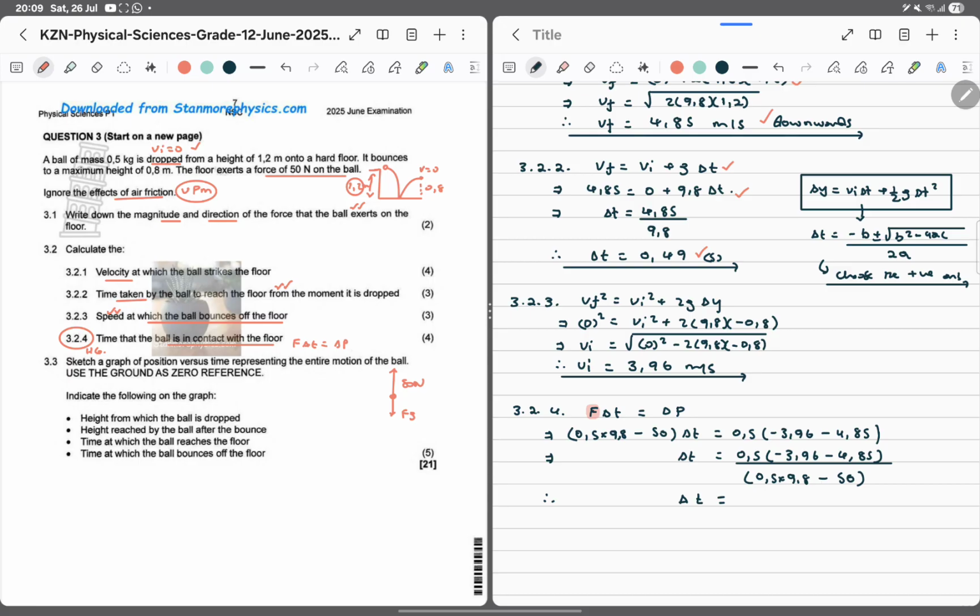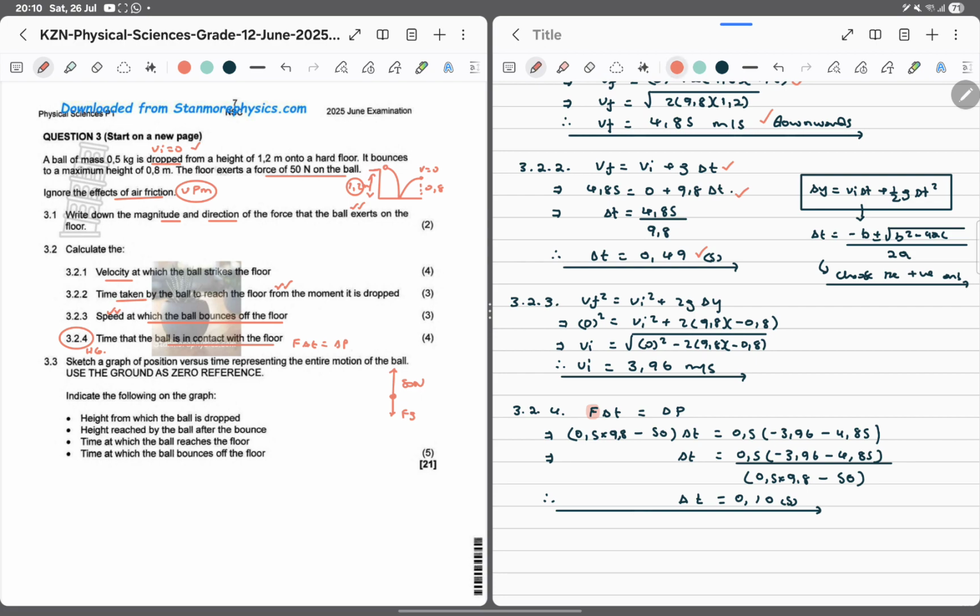Let's see, what do we have here? 0.5 into minus 3.96 minus 4.85, all divided by 0.5 times 9.8 minus 50. Okay, so to two decimal places, I am getting 0.10 seconds. Okay, usually it's a split second. So yeah, we can accept that answer.